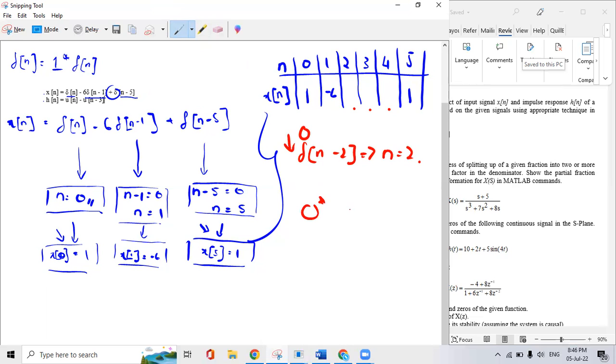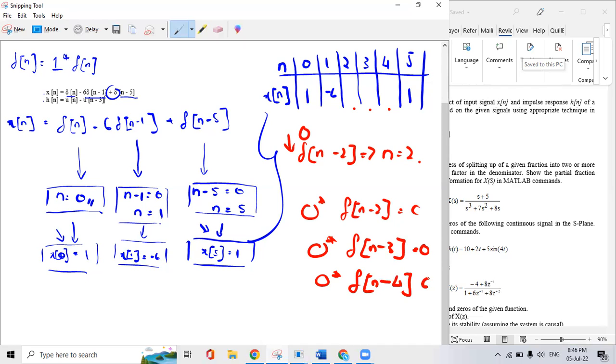Because 0 multiplied by anything becomes 0. Even 0 multiplied by n minus 3 still becomes 0, and 0 multiplied by n minus 4 becomes 0. This is why the magnitudes for n locations 2, 3 and 4 become 0.